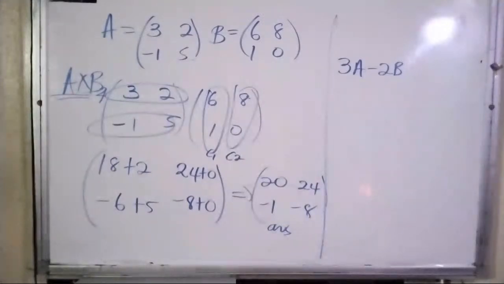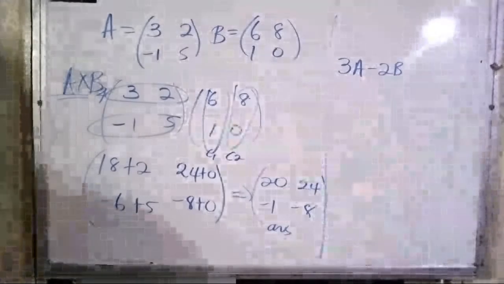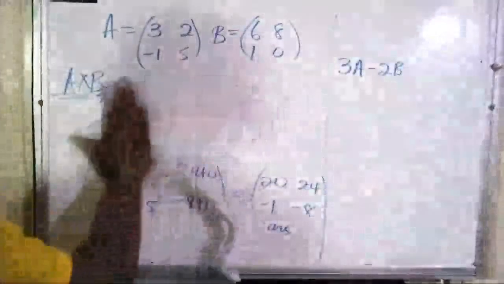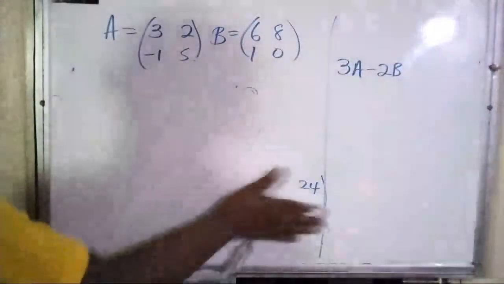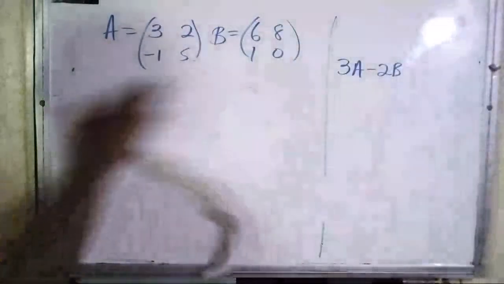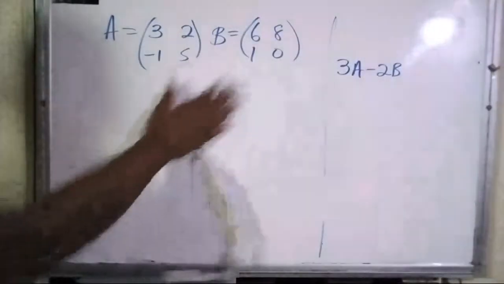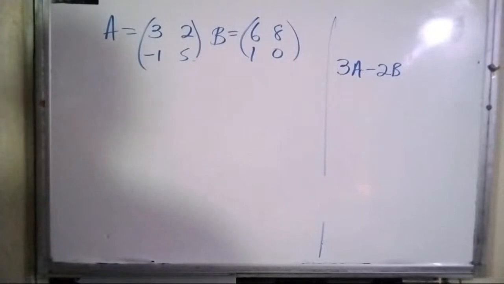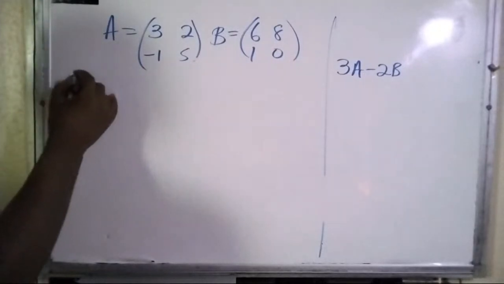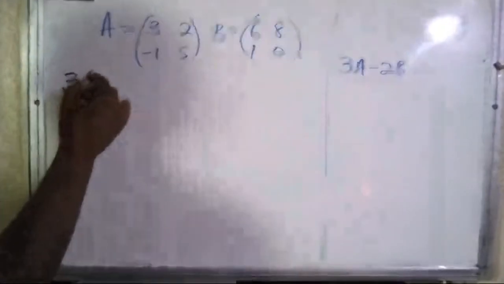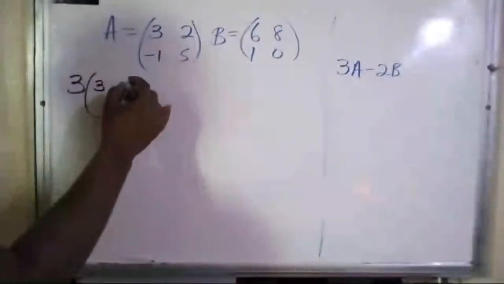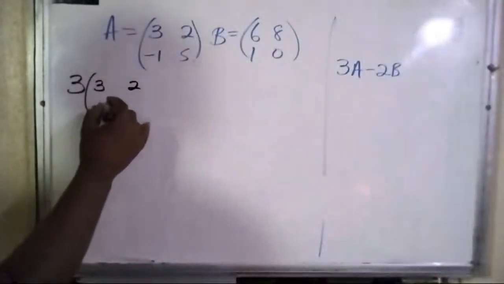All we're doing is multiplying each one of them by 3, alright? So look at this. Multiplying everything by 3. So 3 times A. So you put back A, right?